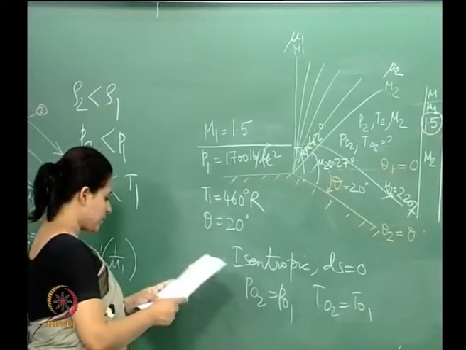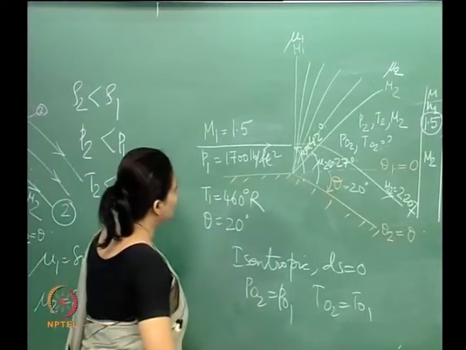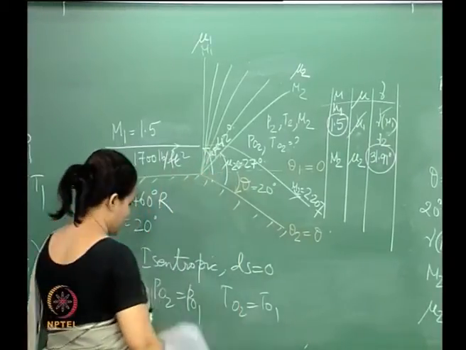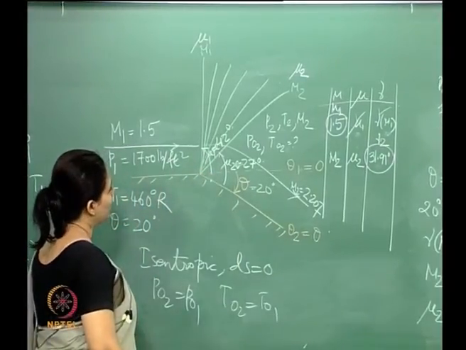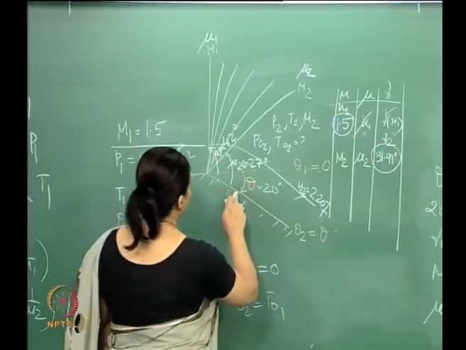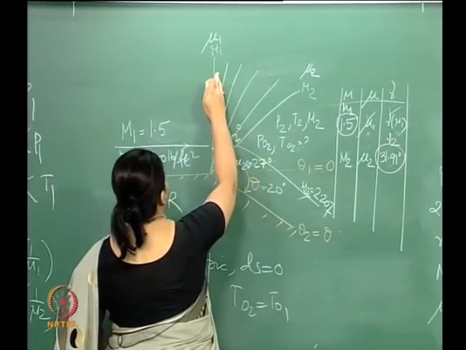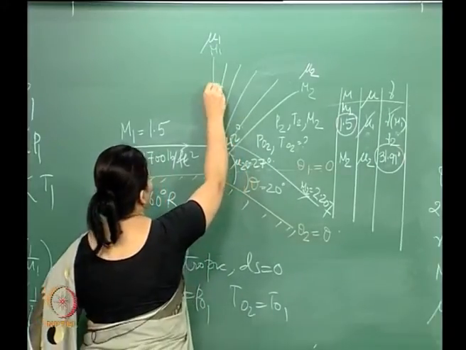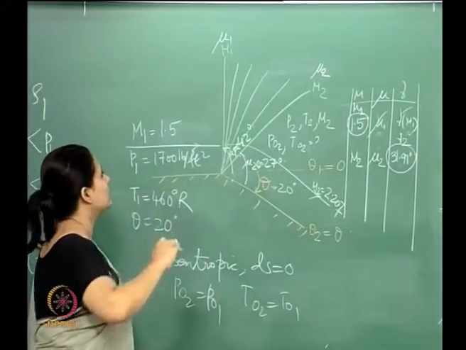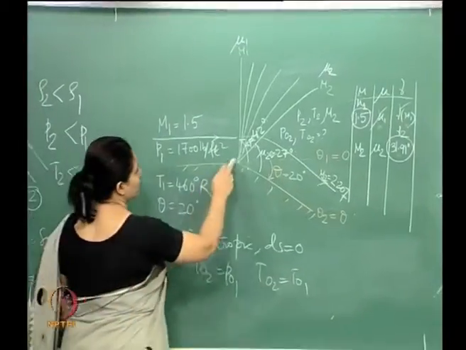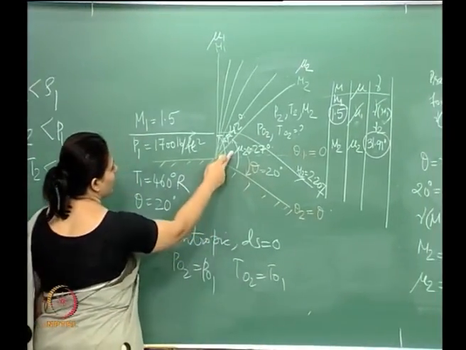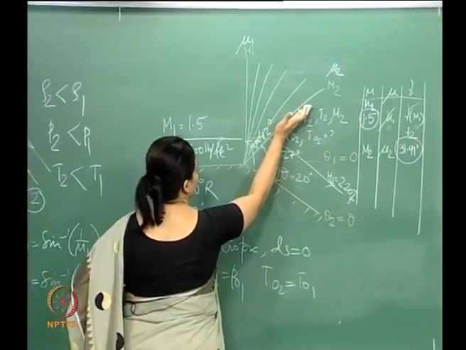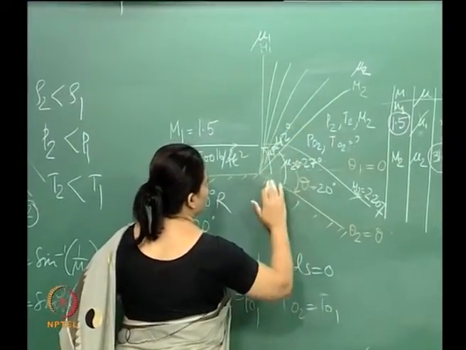So, this is mu 1 and this is mu 2. Now, let us calculate M 1, essentially the starting Mach wave, the angle with the horizontal. What is the angle that this aft wave makes with the horizontal?